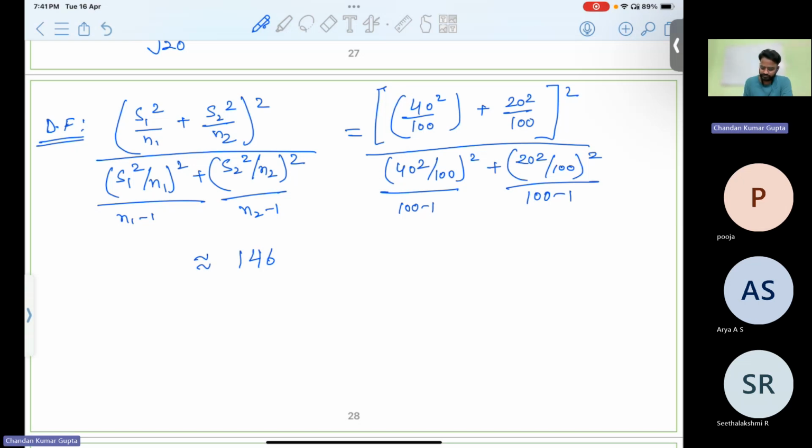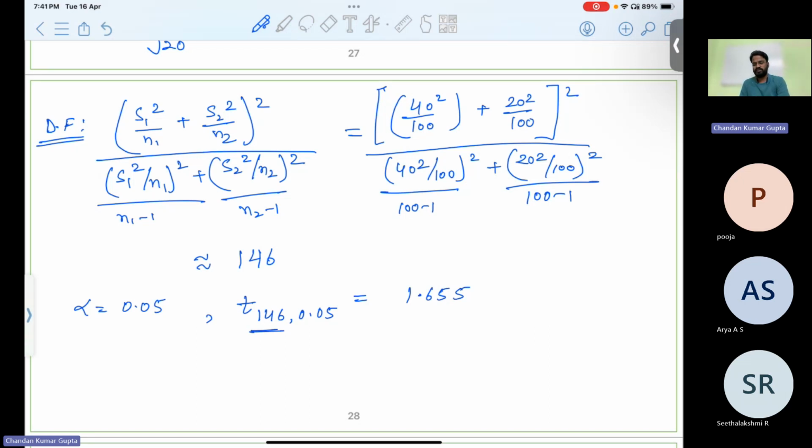Okay, and alpha is equal to 0.05 is given. So the t value at 146 degrees of freedom and 0.05 comes out to be 1.655. Actually, 146 is a very large number, and when n tends to infinity, for large n, the t distribution and the z, the normal table, have the same value.